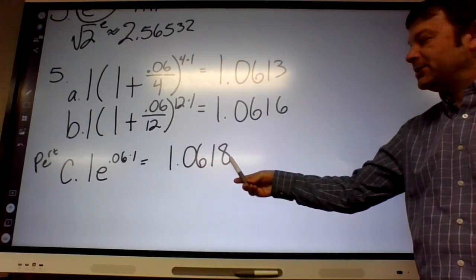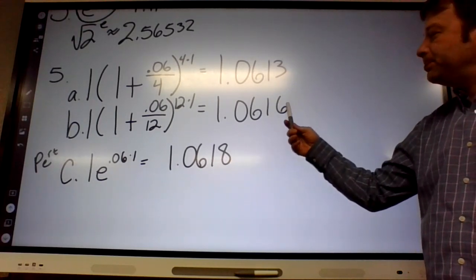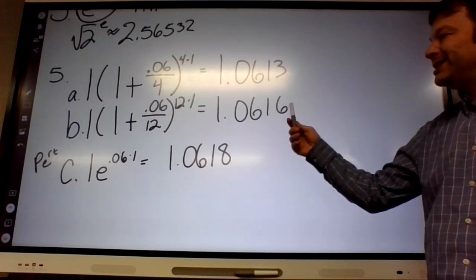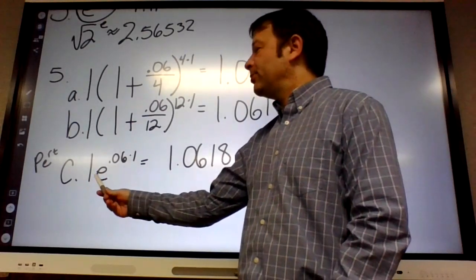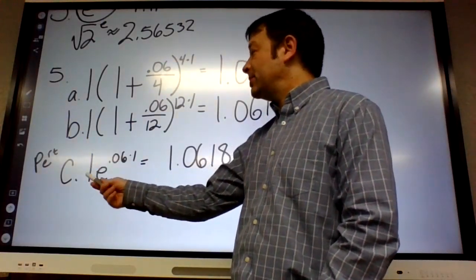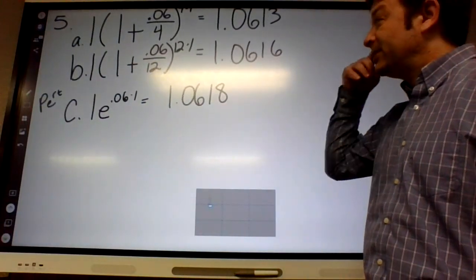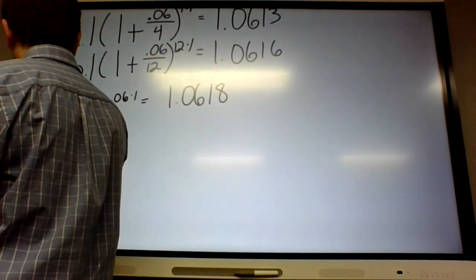And continuously, infinitely compounded, you just get a couple more. This is like 2 100ths of 1 cent. Now, if you started out with more than $1, it would make a little bit more difference, but compounding doesn't make a huge difference, just makes a little difference.